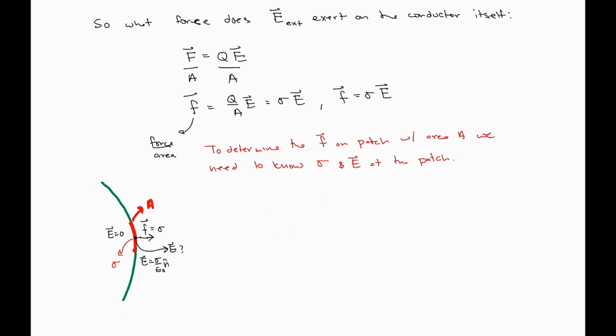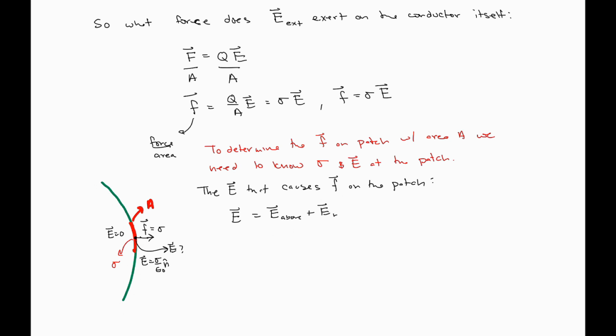The book does a nice job explaining a technique for figuring out the electric field that causes the force on the patch. And that ends up being the average of the electric field above and below the patch.